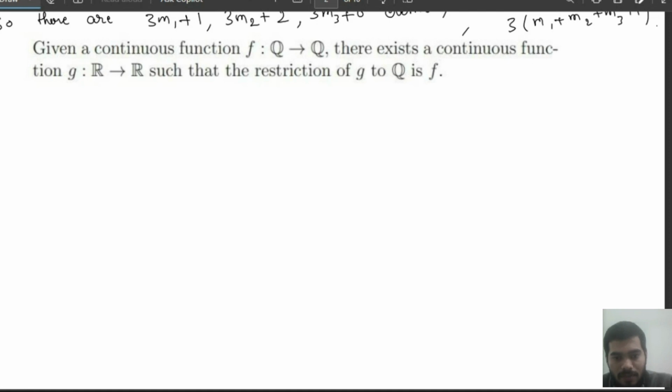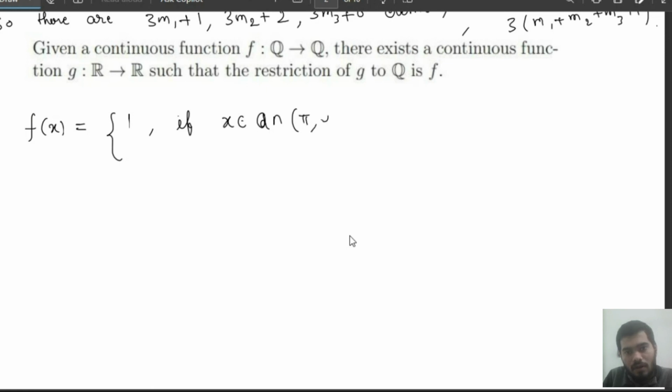Why is it not possible? I'm explaining this. Because they are asking for any f, I will give a counterexample. So consider f as follows: one if x belongs to Q intersection, and zero otherwise.